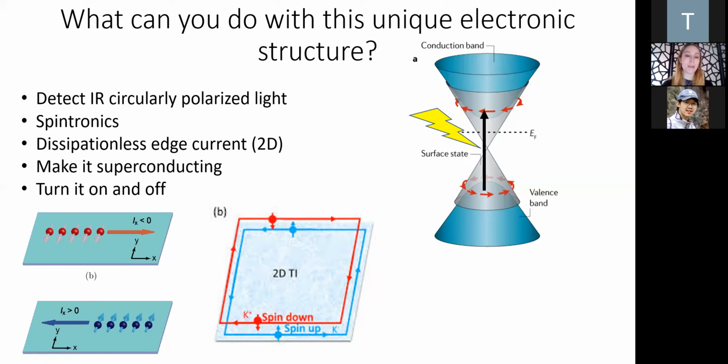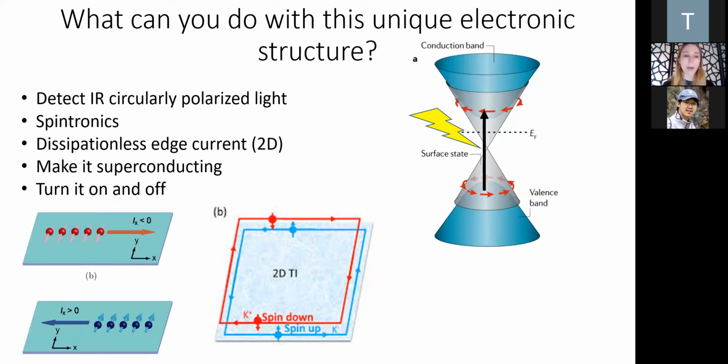So if it meets a non-magnetic impurity, then it just has to suck it up and go around it. And this is pretty much true in two-dimensional topological insulators. In three-dimensional topological insulators, scattering is reduced but not completely forbidden because the electrons can scatter into other angles other than completely backwards.